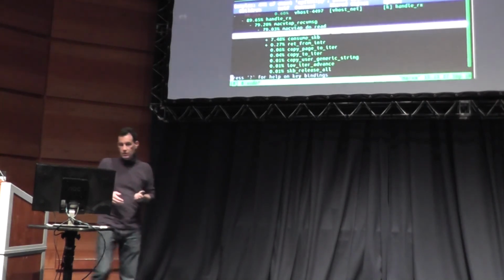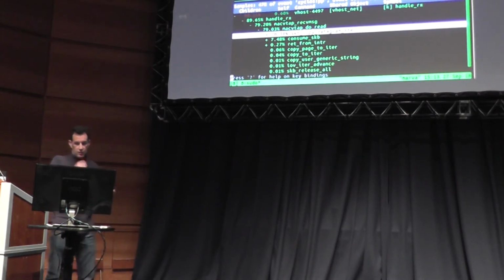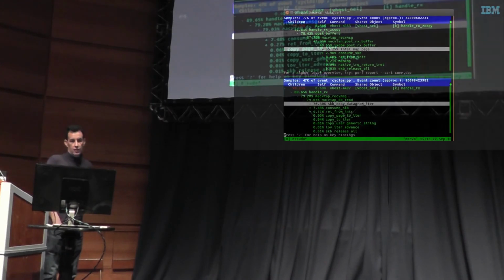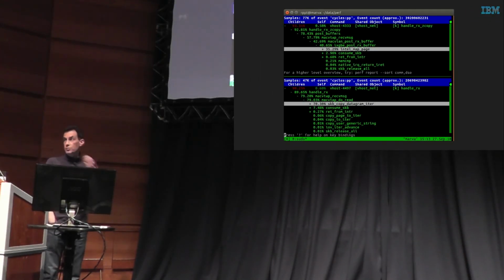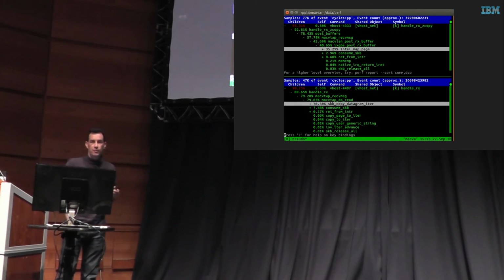If I go back several slides, here, 35% of handle RX is spent in intel map page, which may be the IOMMU, as somebody said there. But we clearly see that it's the most heavy part of the processing.